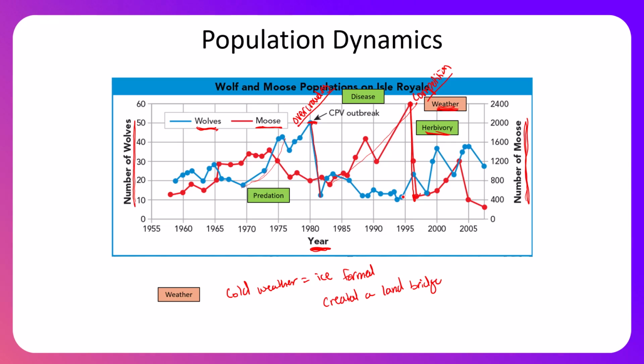And because the wolf population was increasing simultaneously with this moose population decline, you will see right after the wolf population increase that they would follow with a decline as well. If you look at the overall takeaways from this population study, there are density independent and density dependent factors. The density dependent factors are the ones we have in green, and the density independent factors would be the ones in orange.